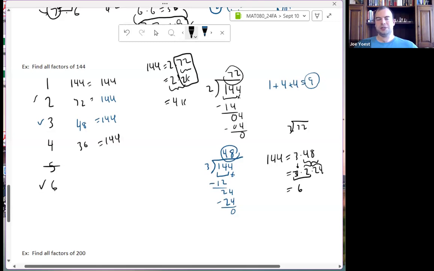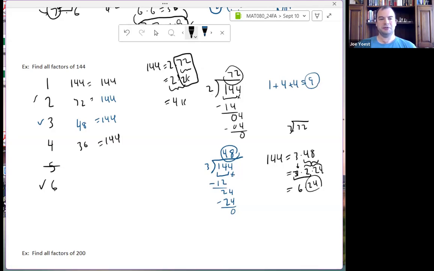Or 3 times 2 is 6, using that associative property of multiplication, so I can glob that 2 onto the 3 instead of where it was originally, on the 24. And I see that 144 is 6 times 24. So I can sometimes leverage previous work. If I didn't see that I could do this trick, I could have done long division, no problem there.